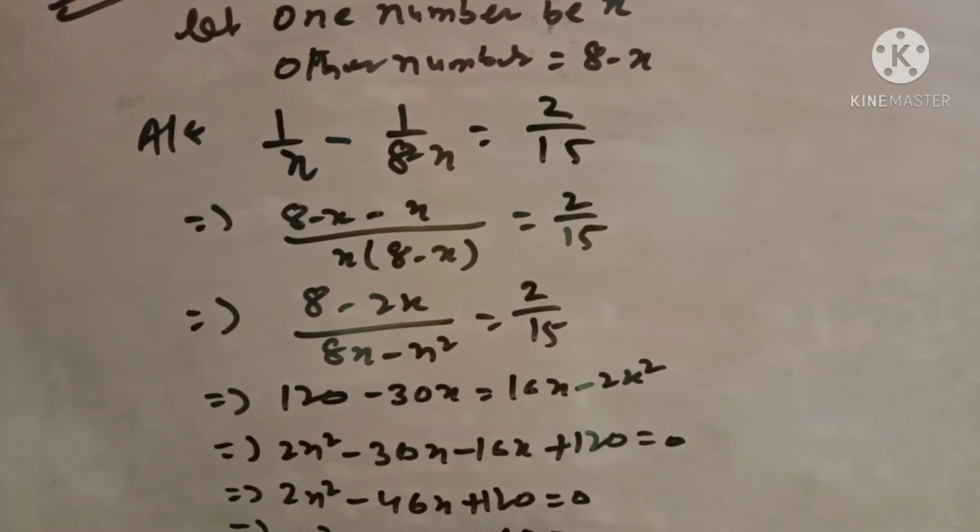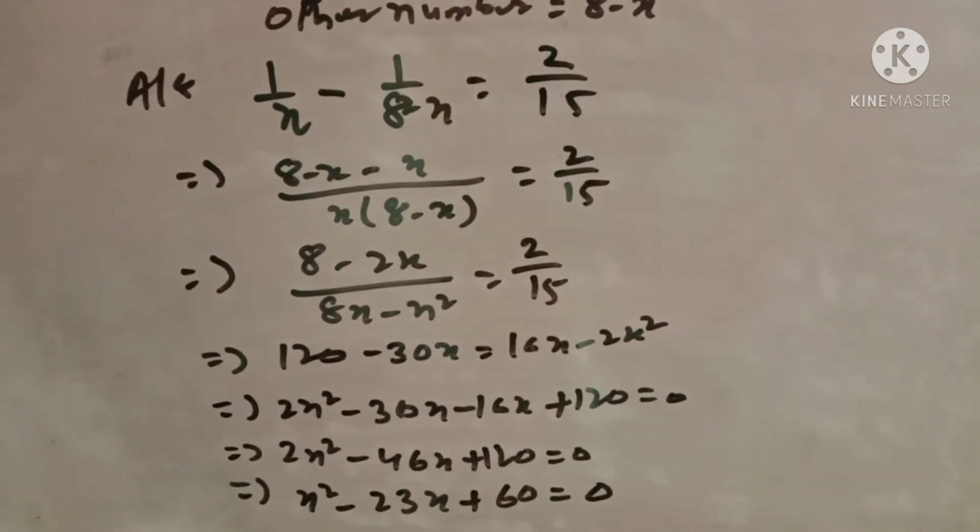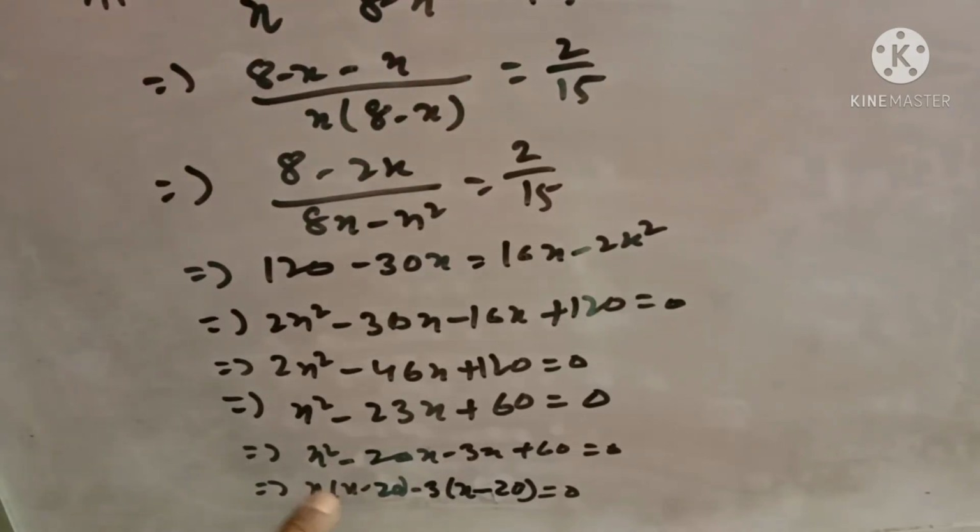Now factorize. After factorizing, x square minus 20x minus 3x plus 60. Taking common, x minus 20 and x minus 3, so x minus 3 and x minus 20 equal to 0.